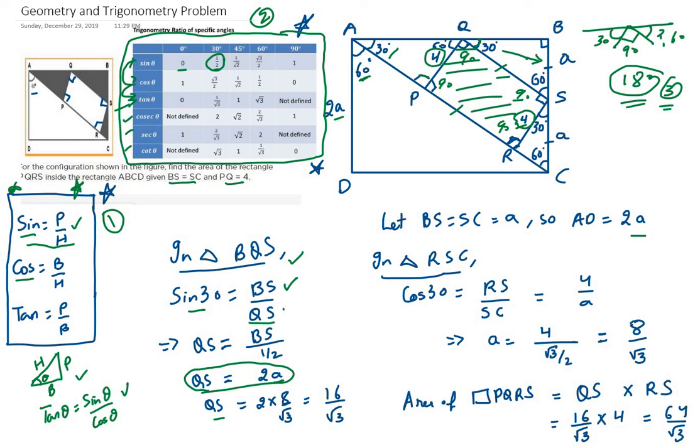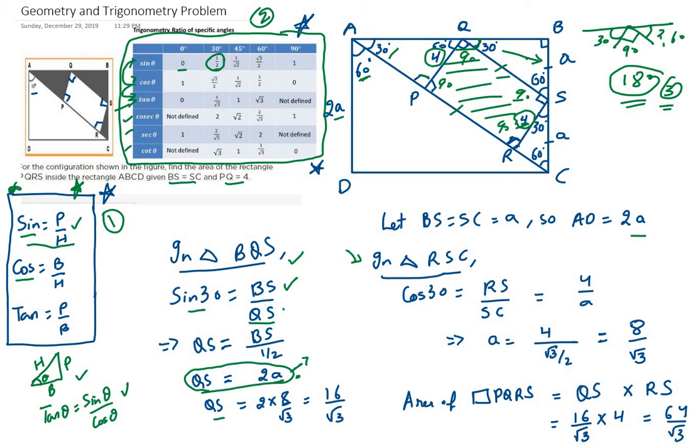Till this point we don't know the value of A. So let's pause the calculations over here and look at what we can figure out in triangle RSC. In triangle RSC, we know one of the sides to be 4. RS is 4.